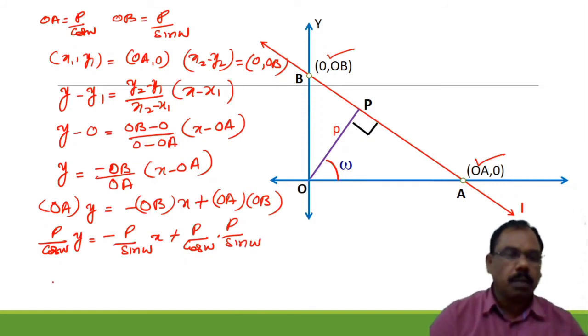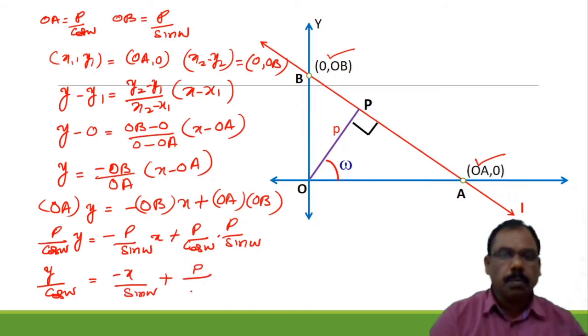Dividing throughout by p, we get y by cos omega is equal to minus x by sin omega plus p by sin omega cos omega.